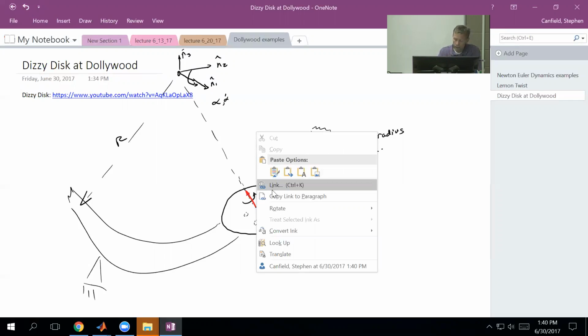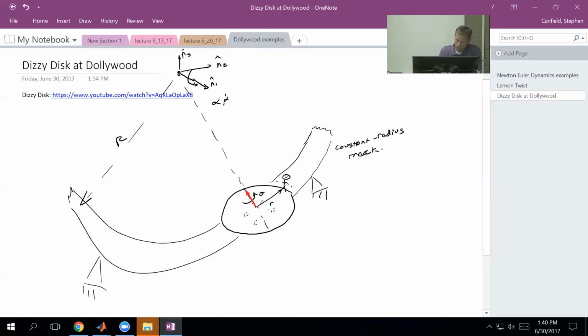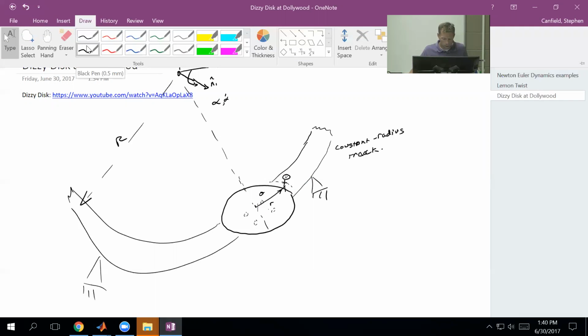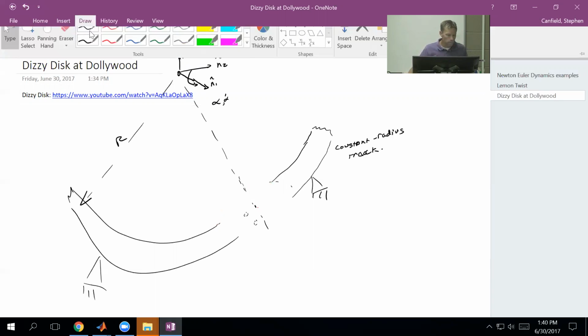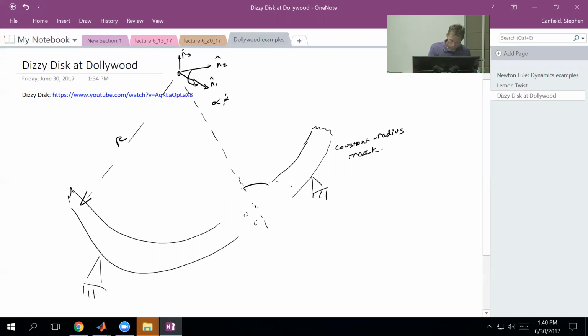When I do that, let me go back and try these frames again. Okay, to help make sure this is clear, I'm going to erase just a few things. So I'm going to move my rider over. Here's my cart.